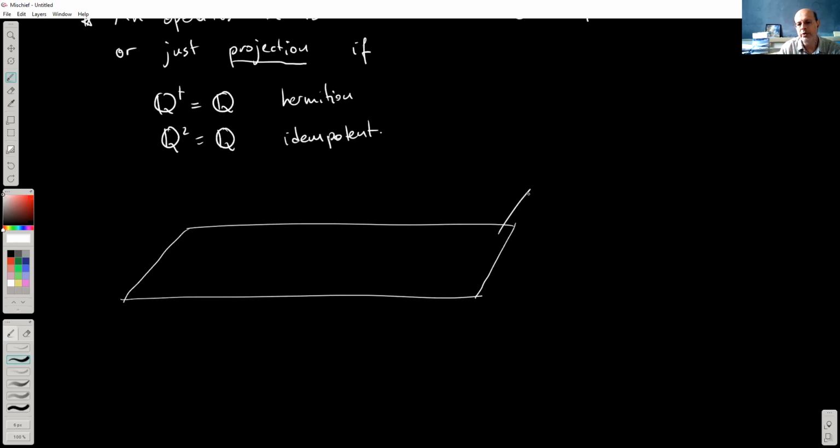So I'm just going to call this subspace W. Right? Take any vector in here. I don't know, let's call it V. And think about this operation in here. So just draw a line from the tip of the vector to the subspace, okay?